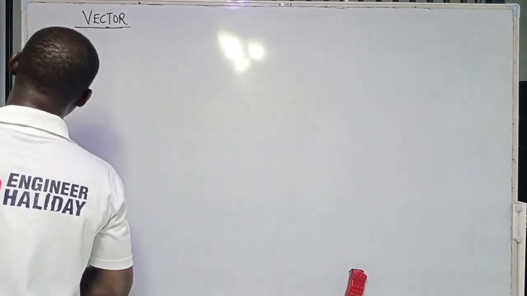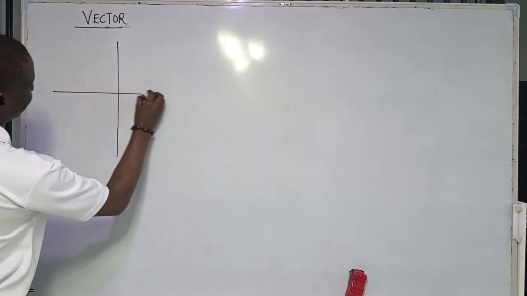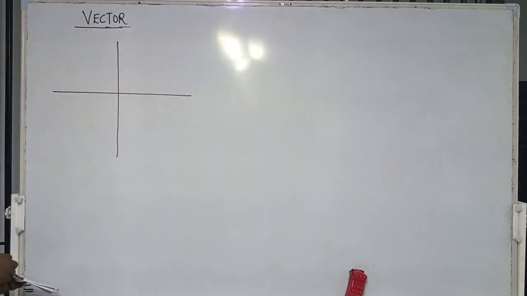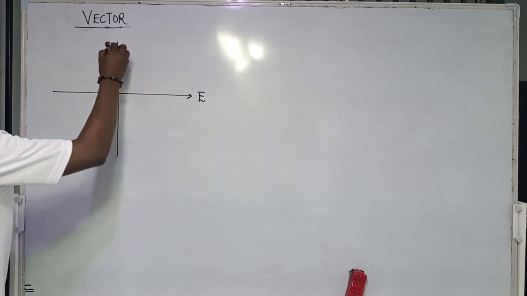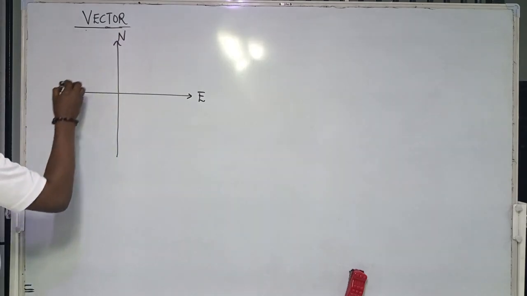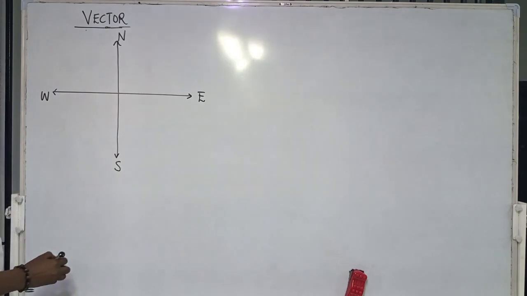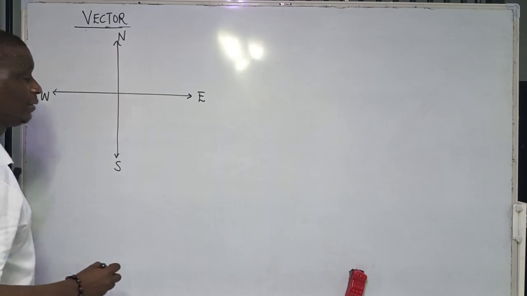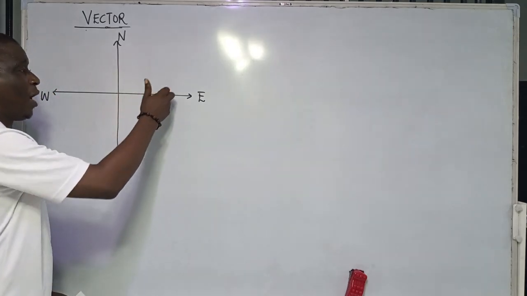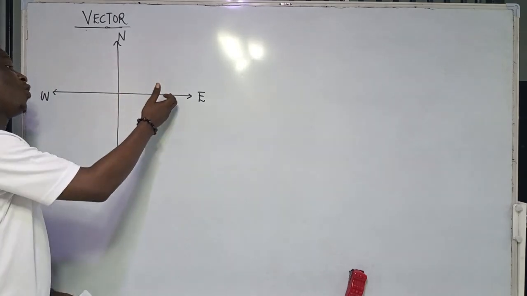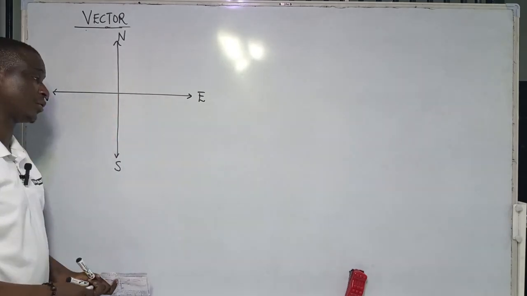Now, if you have a diagram or a quadrant like this, this is east, this is north, this is west, and this is south. I've told you in our part 1 video that all bearings start from the north in a clockwise direction, while all vectors start from the east in an anti-clockwise direction.